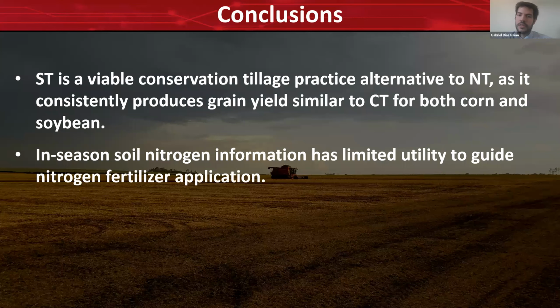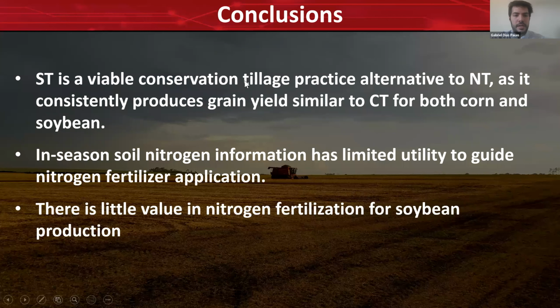In-season soil nitrogen information has limited utility to guide nitrogen fertilizer application, and there is little value in nitrogen fertilization for soybean production, either as direct nitrogen applications or as corn residual nitrogen applications.